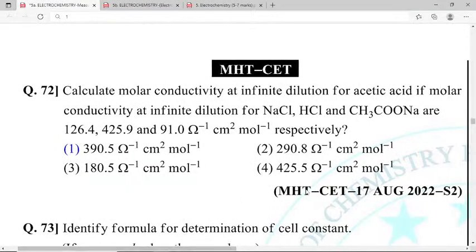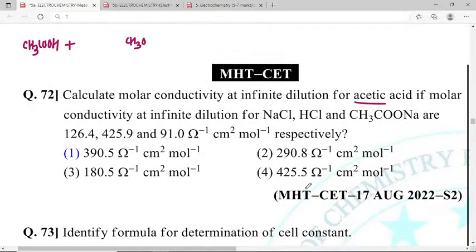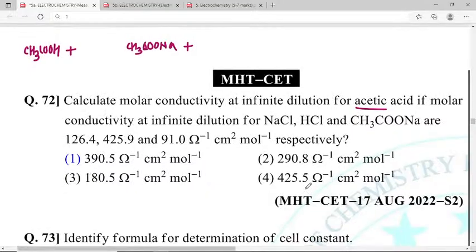Next question, calculate the molar conductivity at infinite dilution for acetic acid, if the molar conductivity at infinite dilution for NaCl is given. So CH3COOH plus CH3COONa plus HCl, and NaCl.